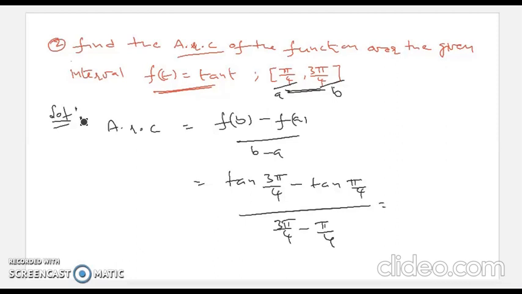That is equal to tan 135 degrees minus tan 45 degrees, by 3 pi by 4 minus pi by 4. Both denominators are equal, so 3 pi minus pi means 2 pi by 4, 2 cancels, here is pi by 2. So tan 135 value, what is tan 135? Tan 135 can be written as here like that.